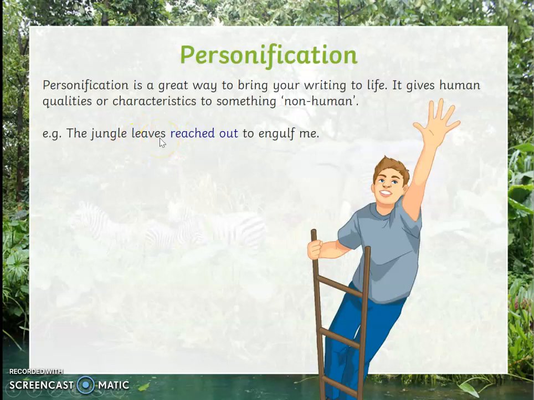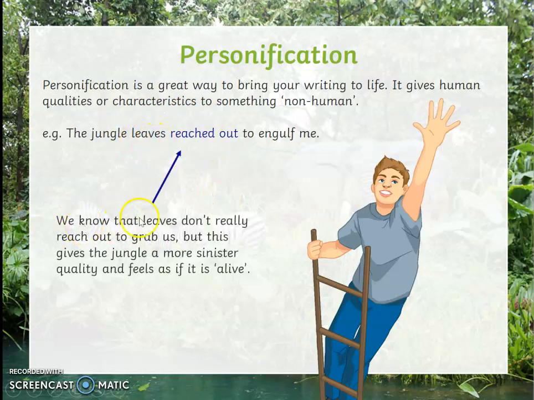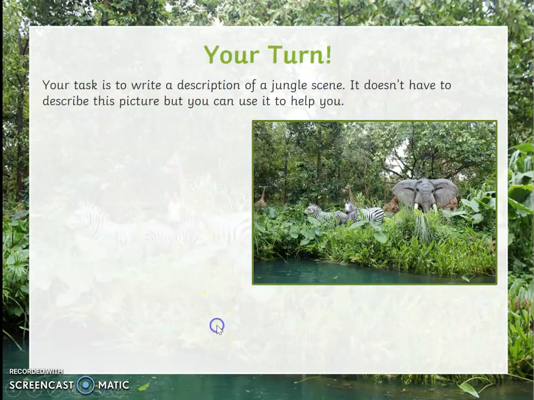This is not something to be considered as human. So if you say the jungle leaves reached out to engulf me, can it really reach out like a human? No, but here they are giving human quality to leaves. So we know that leaves don't really reach out to grab us, but this gives the jungle a more sinister quality and feels as if it is alive.